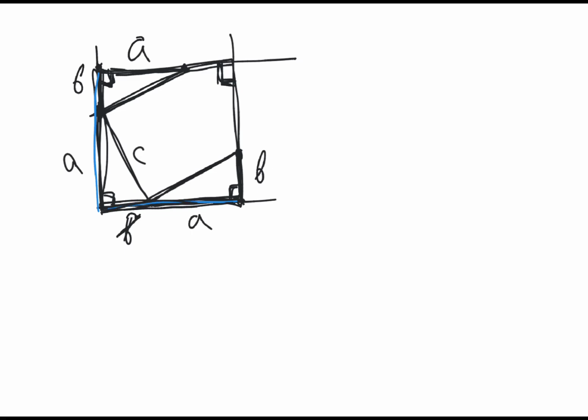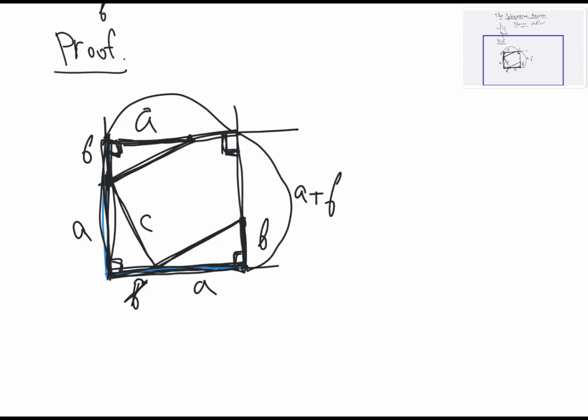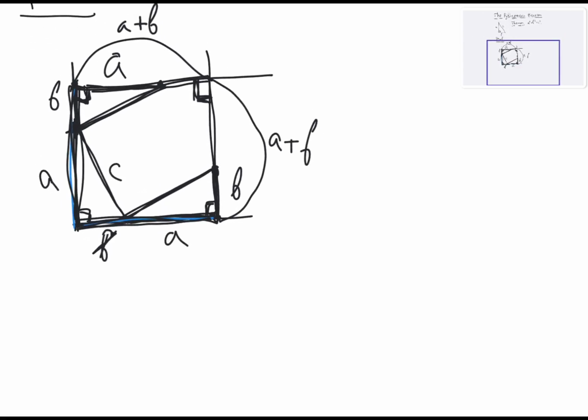So now the other two sides should be also A plus B. So this side is A plus B and this side is A plus B. Therefore the remaining segments, so this segment can be calculated as B. So it's A plus B minus A, right?